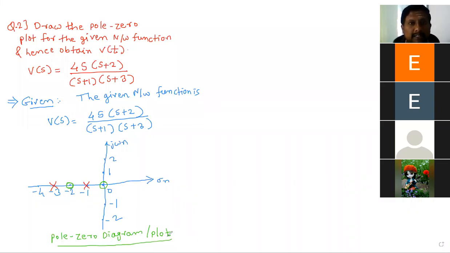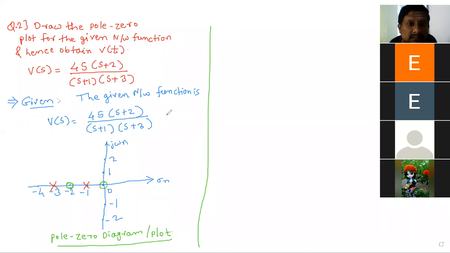Now, next thing is what? We have to find out the values of the coefficients. We have to use the residue equation, and based on that we find the coefficients. So first of all, we rewrite this expression using partial fractions, and then we can discuss the next point.